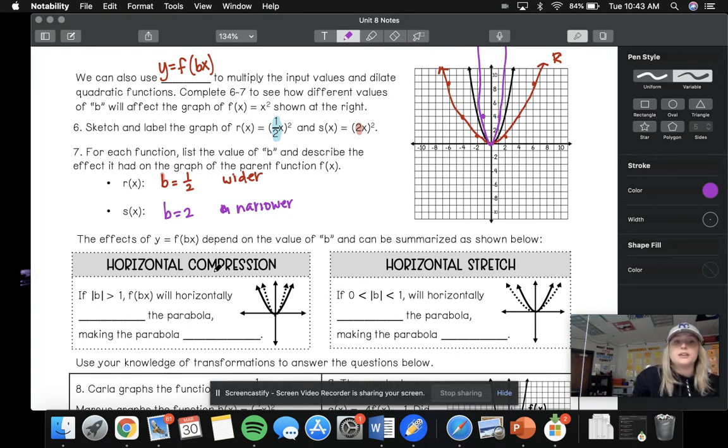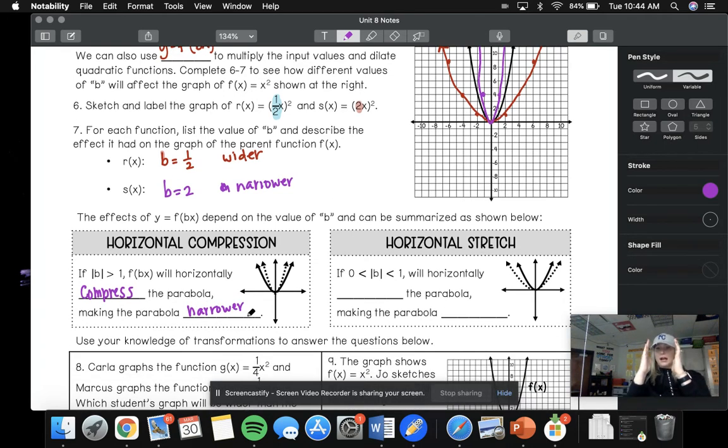So if our b value is larger than 1, it will be a horizontal compression. And if I compress something left and right, it makes it skinnier or narrower. Okay, and then if I stretch it, it is going to make it wider. So if you have a b value that's in between 0 and 1, it will be a horizontal stretch, which then makes the parabola wider.